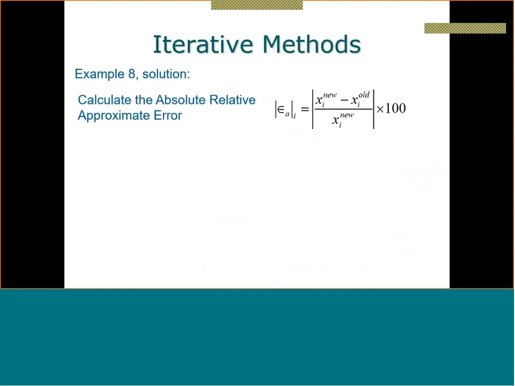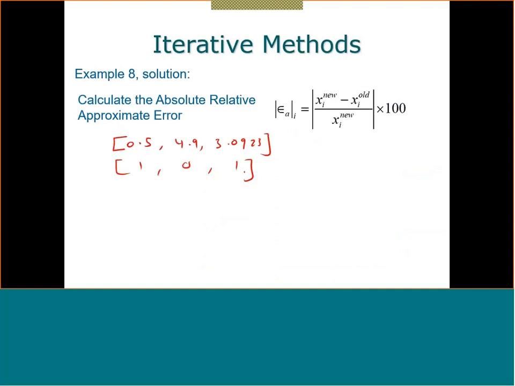Now we will always use the absolute relative approximate error. So always I will compare my current value with the previous value. My current value that I found now is 0.5, 4.9, and 3.0923. My previous value is 1, 0, 1.